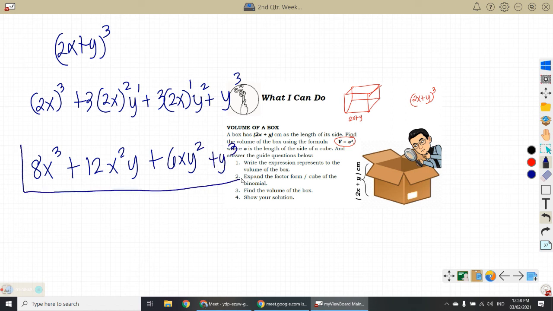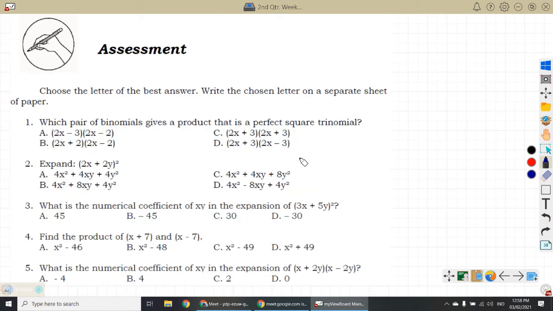This is the final answer. Okay? 8x cubed plus 12x squared y plus 6xy squared plus y cube cubic centimeters. Okay? So, yan ang answer dyan. This one is also given sa inyong quizzes.